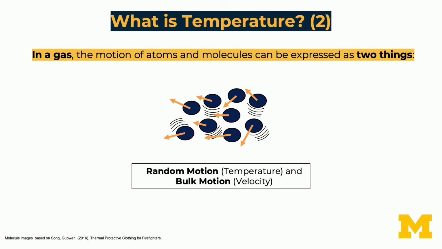In a gas, we have both temperature and bulk motion. If you go outside, you have both temperature, which you're feeling, and you have wind, which you're feeling also. Those two things are distinctly different. The first is that you have random motion of the particles, right?